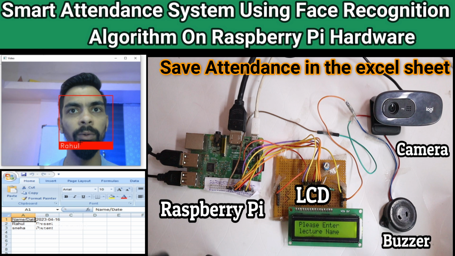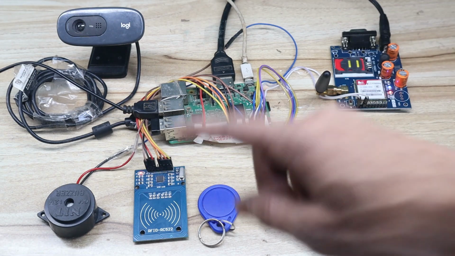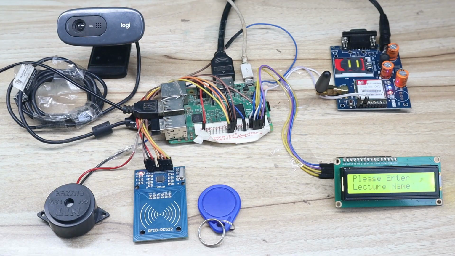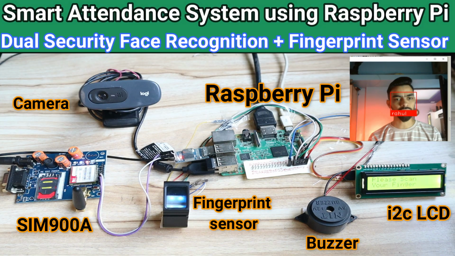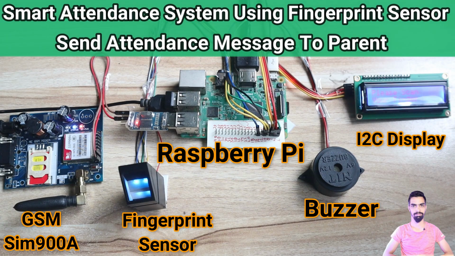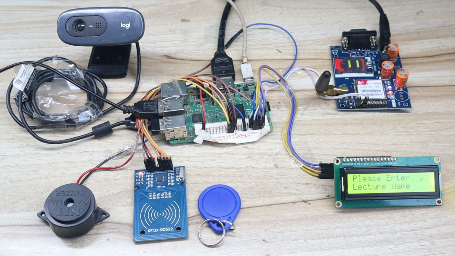The second concept was the smart attendance system by using only RFID module. The third concept was the smart attendance system by using RFID module and fingerprint sensor. If you want to design and develop that project by yourself, then you can watch that video. Each and every video link is given in the description.